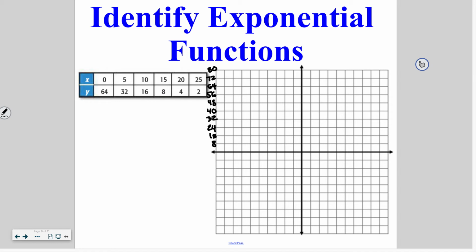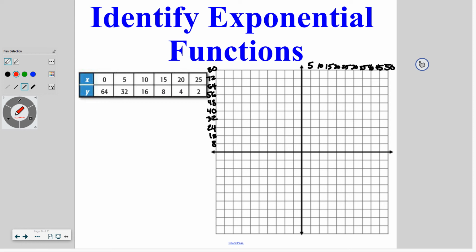And then going across does not fit either, so I'm going to count by 5, 10, 15, 20, 25, 30, 35, 40, 45, 50.